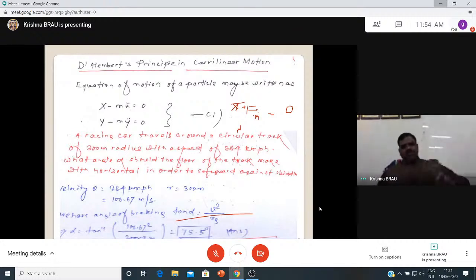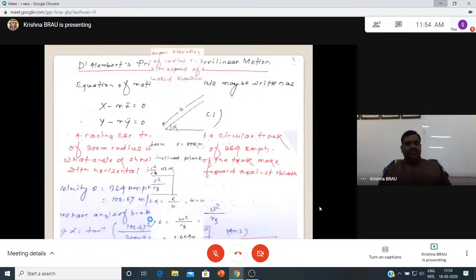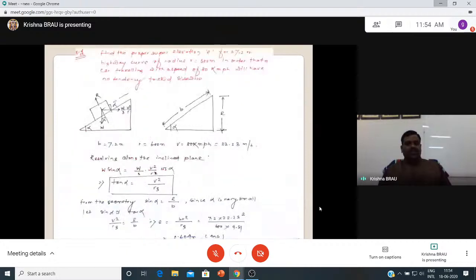Okay. So this is the simple curvilinear motion. Yesterday we have given the equation, but now we will see. Let us consider this problem.